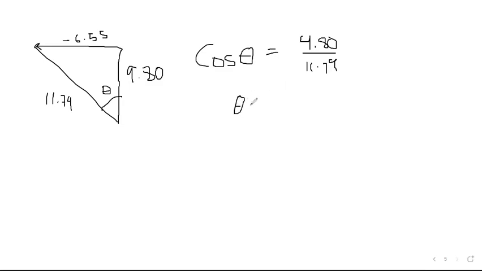Giving me theta equals cos inverse of that, which gives 0.8312 and so on. Use the whole number whenever you're solving for this angle so that it gives you a higher level of accuracy.